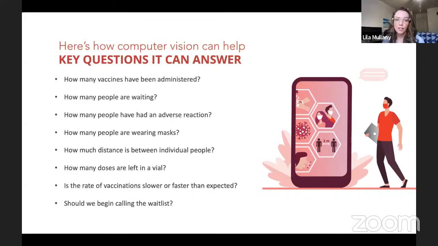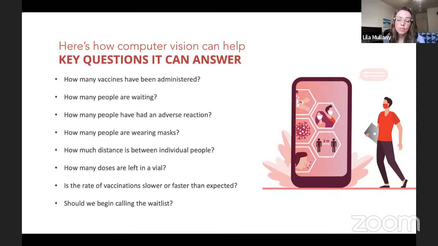But in order to answer that type of question, we need to answer some other questions first. Those first questions are the ones that we can answer with computer vision. These are questions like how many vaccinations have occurred, how many vials have been opened, how many people are in my waiting room, is my waiting room empty? These are the first questions that I set out to answer with the applications that we're developing.